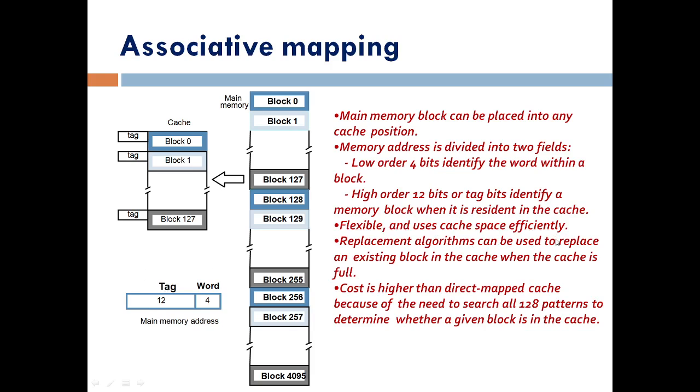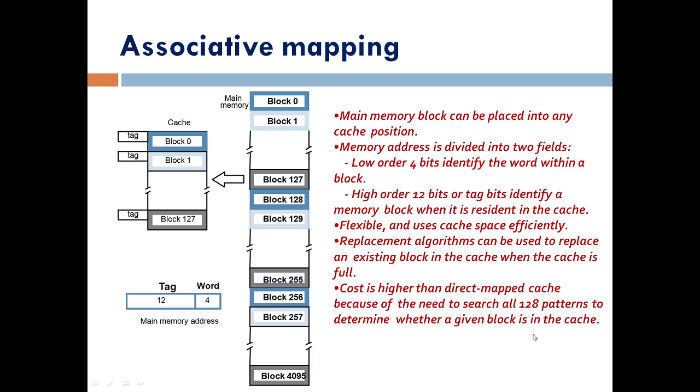Replacement algorithm can be used to replace an existing block when the cache is full. Cost is higher than direct mapped cache because of the need to search all 128 tags to determine whether a given block is in the cache.